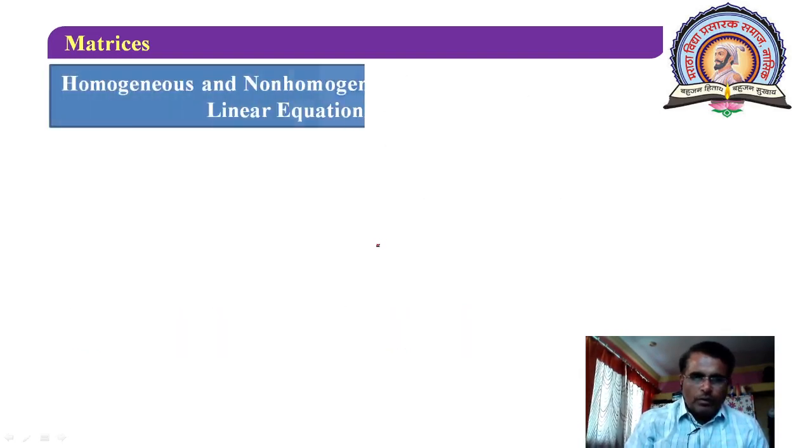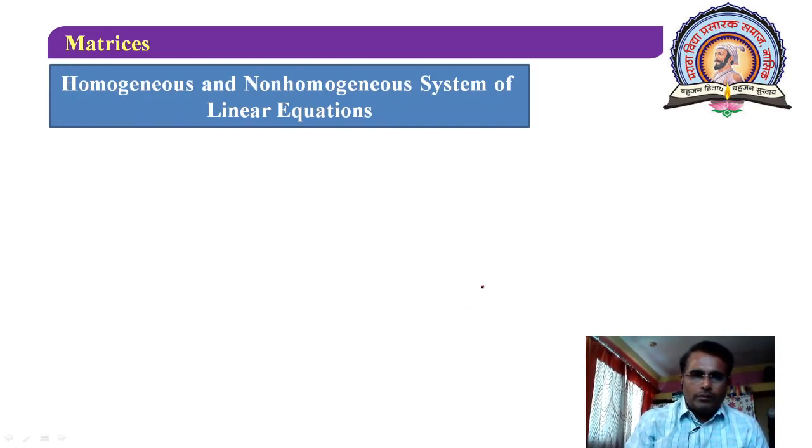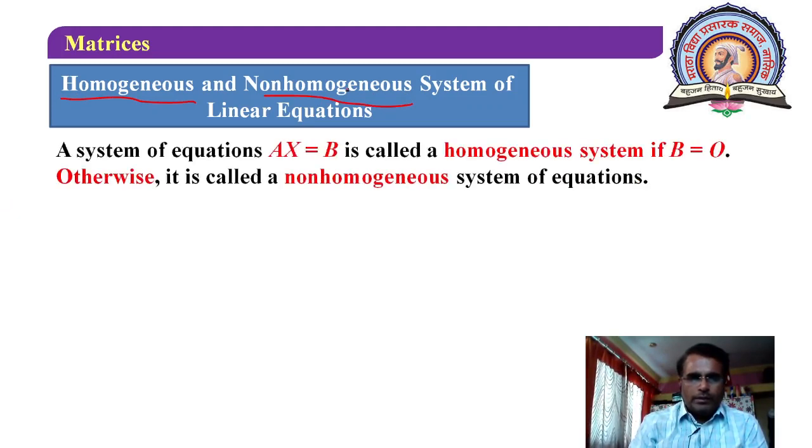Now we are going to consider two types of systems of linear equations: homogeneous and non-homogeneous. Whenever we consider a system of the type Ax equal to B, it is called a homogeneous system if B is equal to 0.